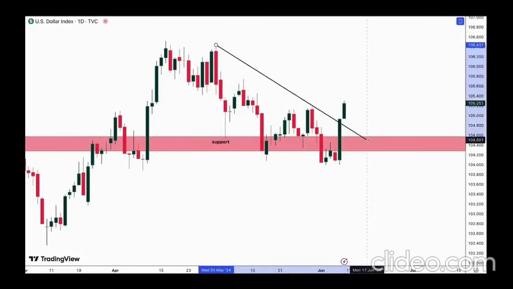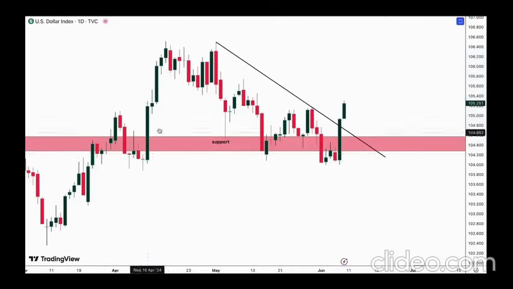That will be a trend line, guys. As you can see here, when applying a trend line, your trend line should touch two points on the chart. This is the first one, and this is the second one. So that is a valid trend line.